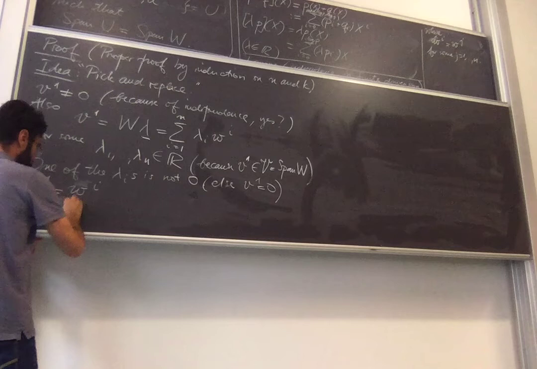In order to do that, we know that v is already a linear combination of the wi with coefficients lambda i. This we know because it's a span, that's the span assumption.